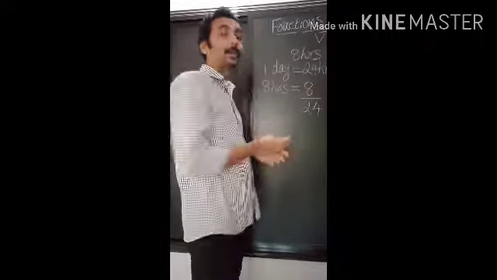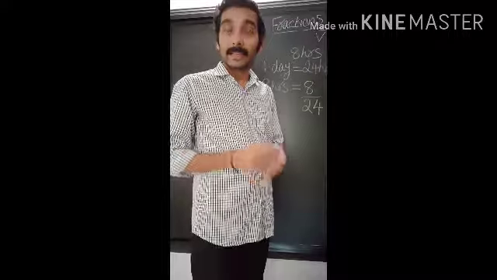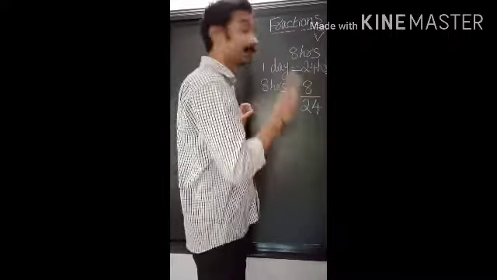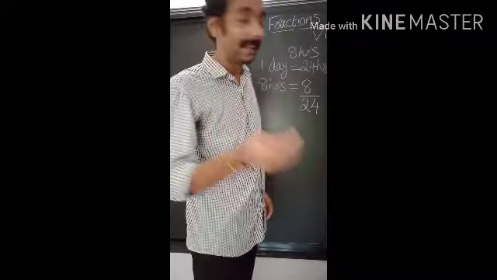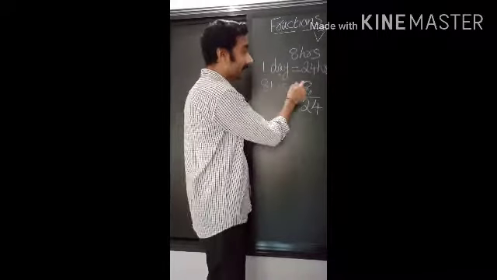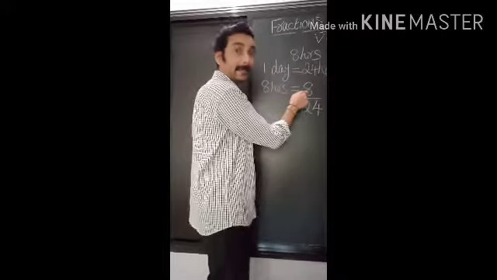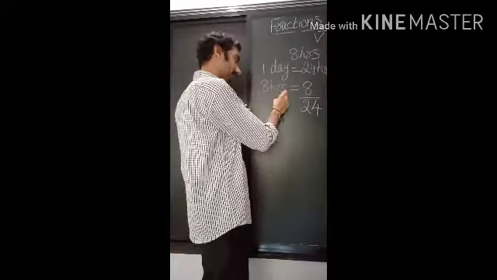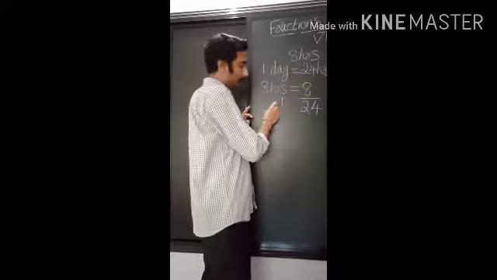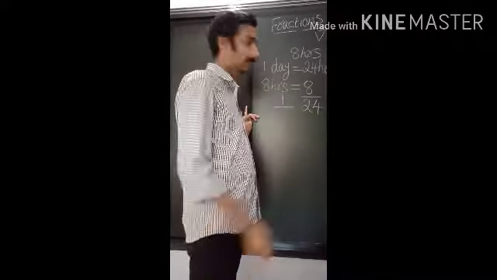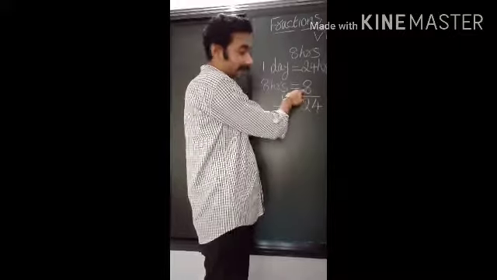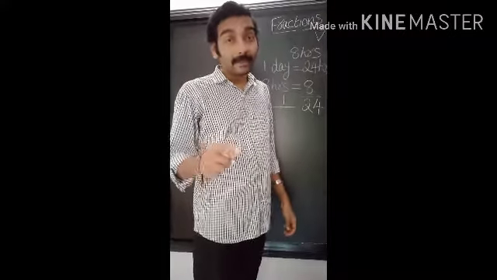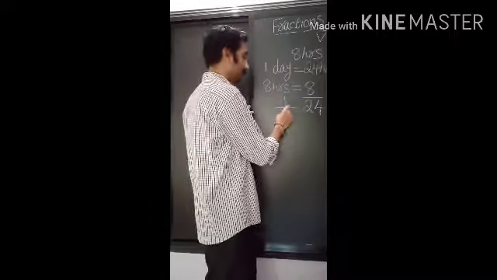In 8 and 24, it is commonly divisible by 8. That means 8 divided by 8 is 1, and 24 divided by 8 is 3.